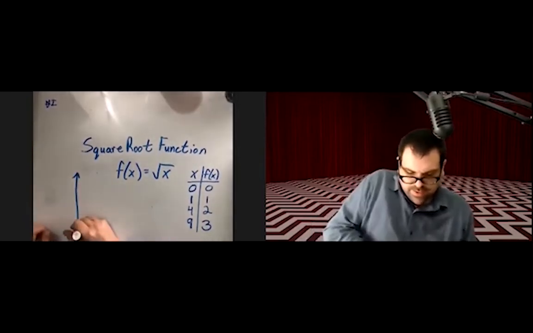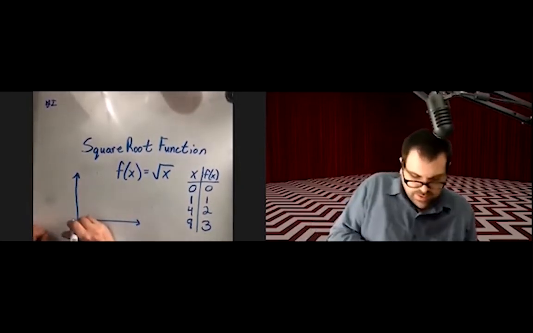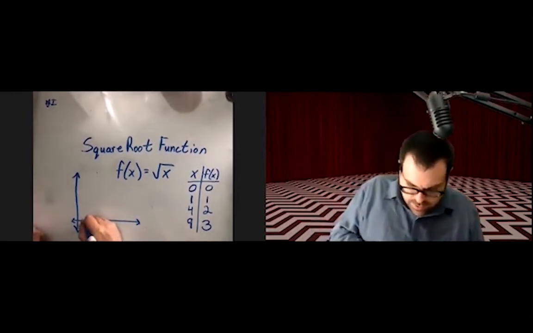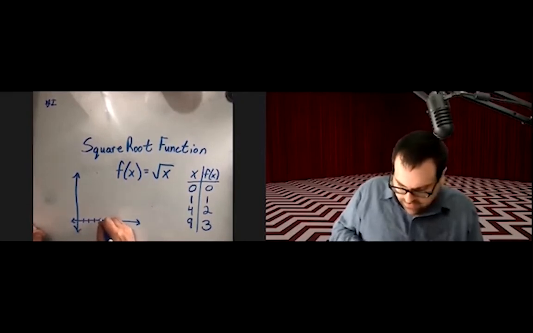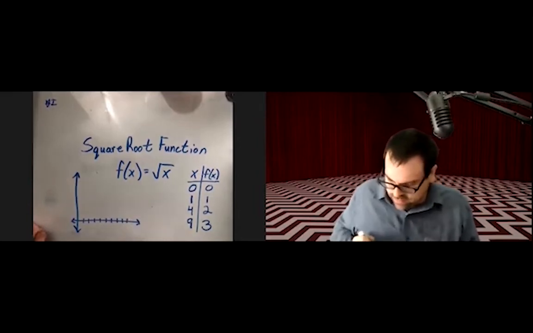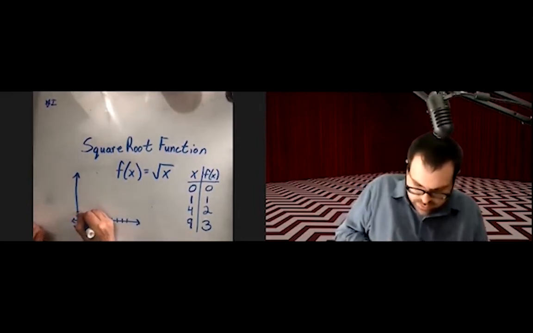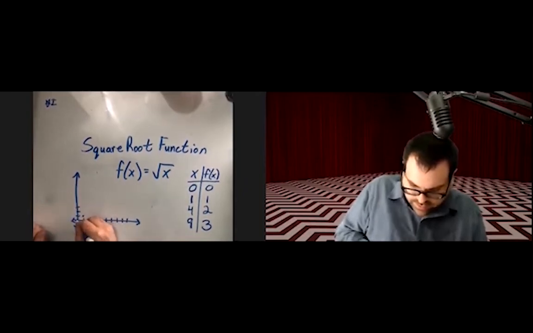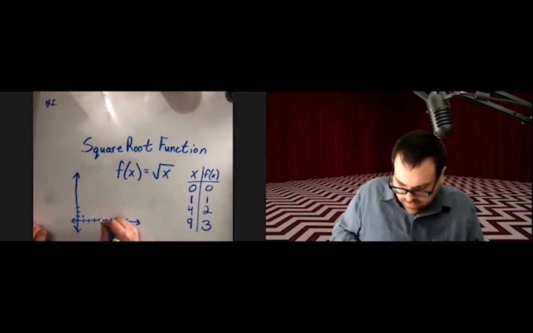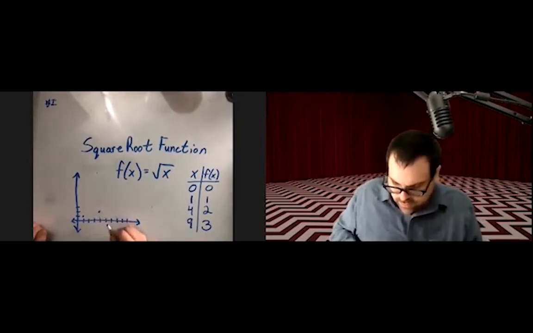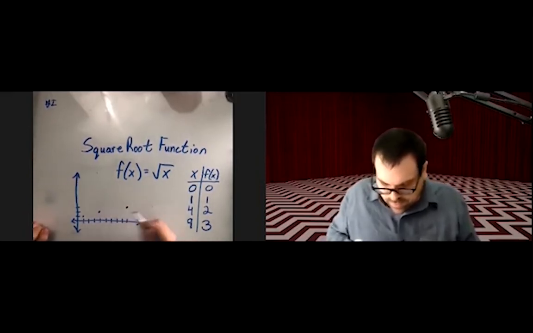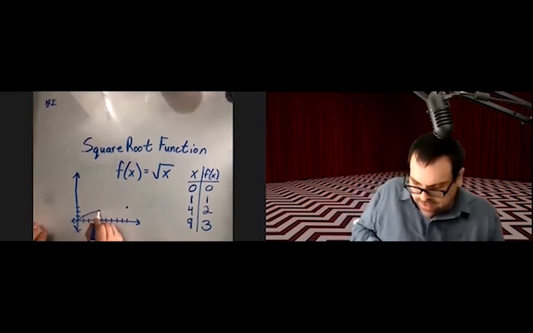Let me make this a little clearer because I want that shape to be more visible. After all, we're playing with shapes. (0, 0), (1, 1), (4, 2), (9, 3).